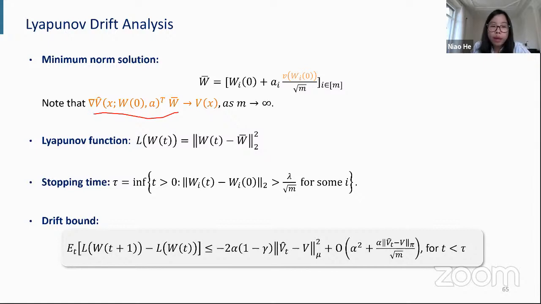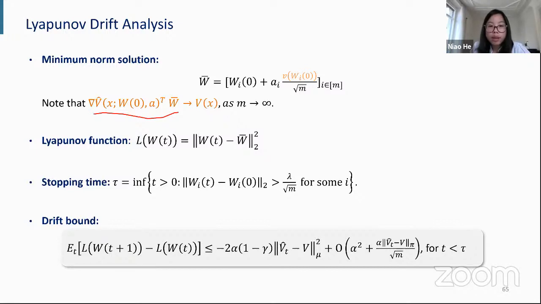And this drift bound only holds true if t is small enough, right? If t is smaller than the stopping time, and we define the stopping time as the smallest iterate where your Wt will be far away from W0.